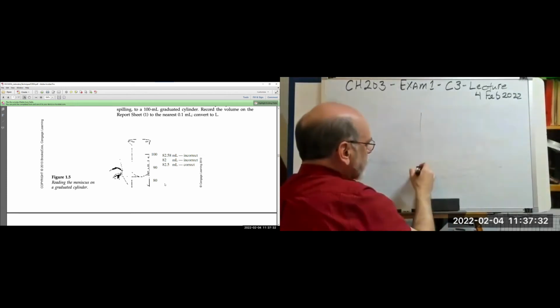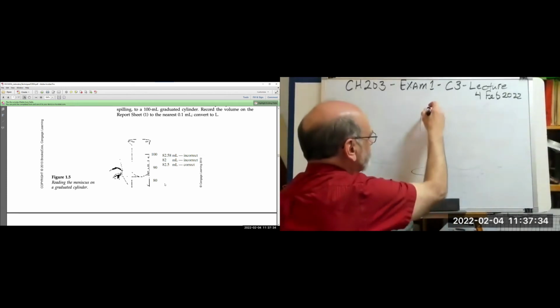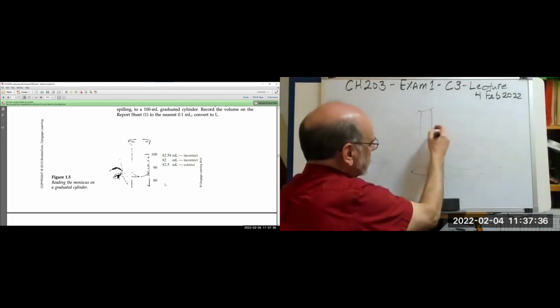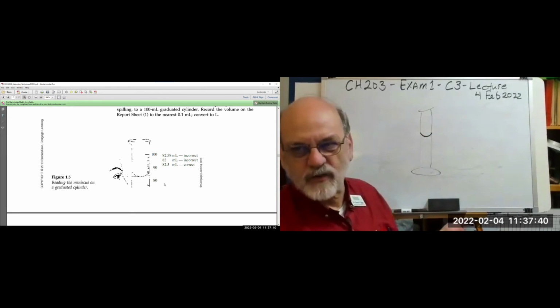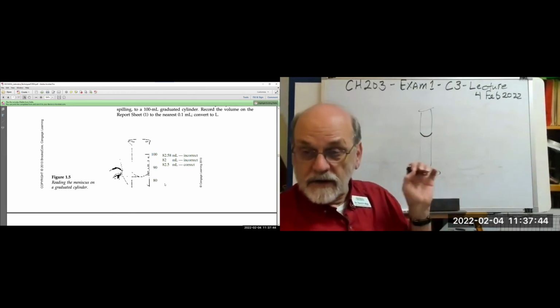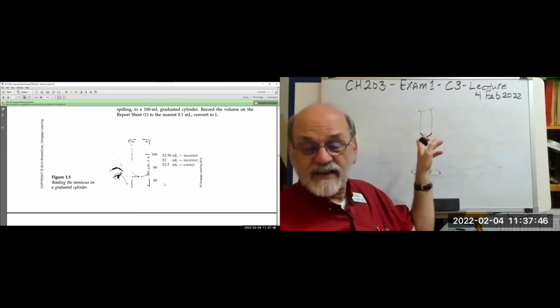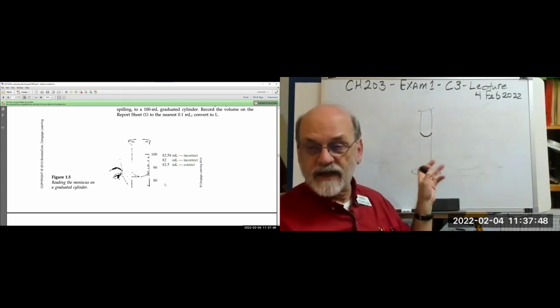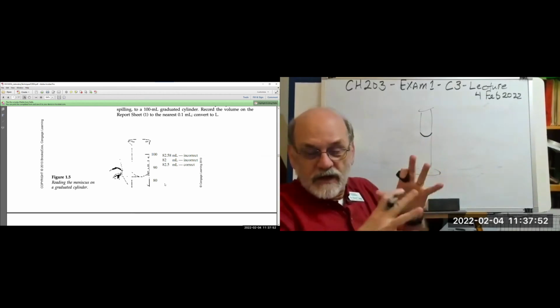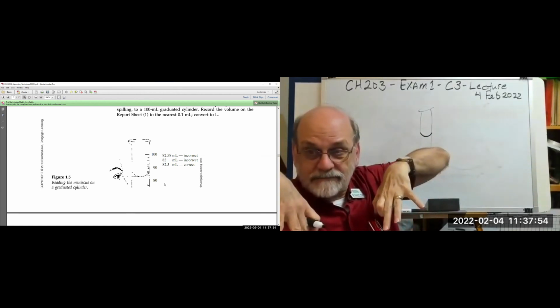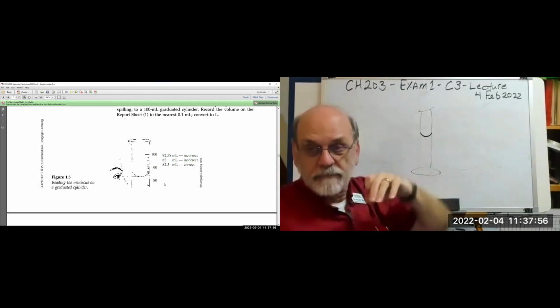And it looks like this. That's exaggerated, of course. But it looks like that because the attraction between water and the glass is higher than it is for the water and the water inside. So it pulls itself up like that on the glass.